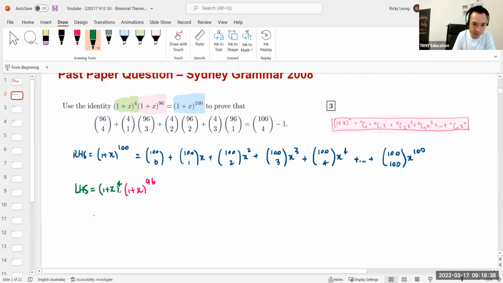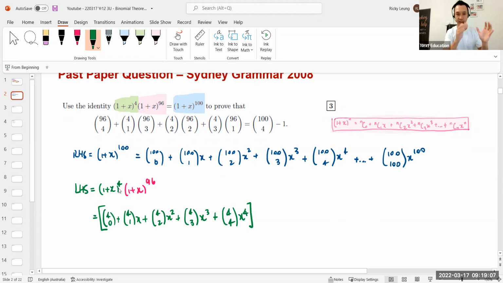So check this out. For the green, it's going to be 4C0. Sorry, let me put a big square bracket. Plus 4C1 x plus 4C2 x squared plus 4C3 x cubed plus 4C4 x to the 4. Great. All right, that's the green expansion. Now the pink, same deal, right?